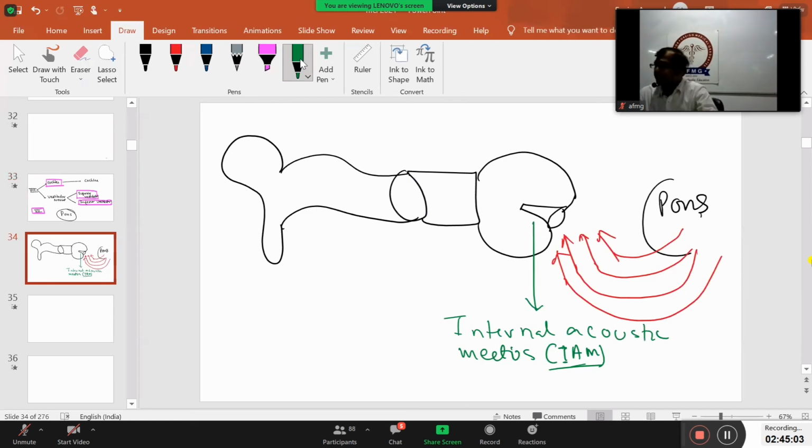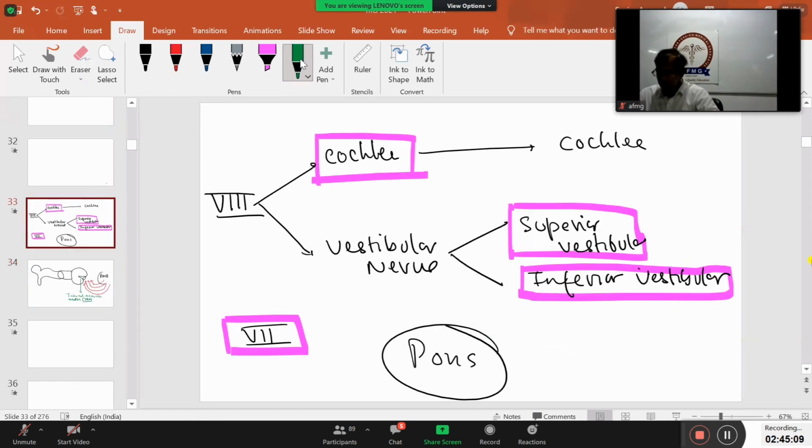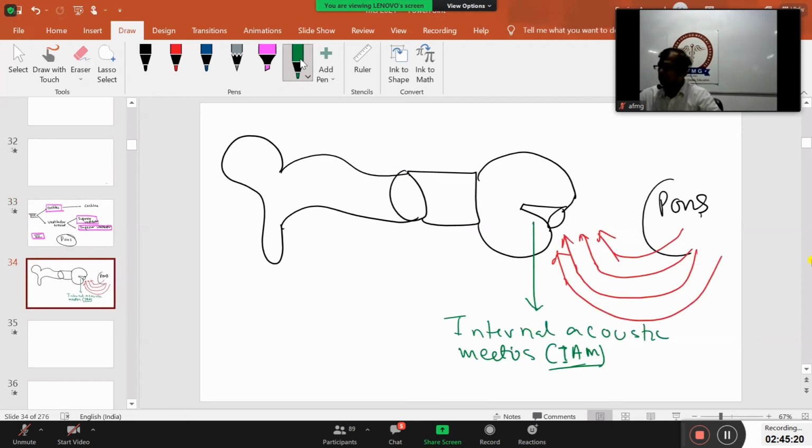How many nerves in the IAM? Four nerves. Which four? These four: cochlear, superior vestibular, inferior vestibular, and facial, in the internal acoustic meatus.